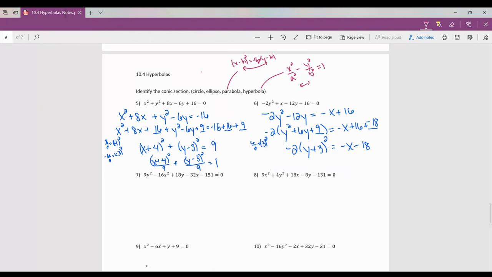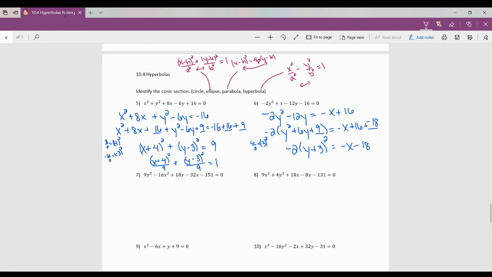And then for an ellipse, we've got x minus h squared plus y minus k squared, all over, equals 1. And then it's either a squared or b squared, depending. Those two can switch.